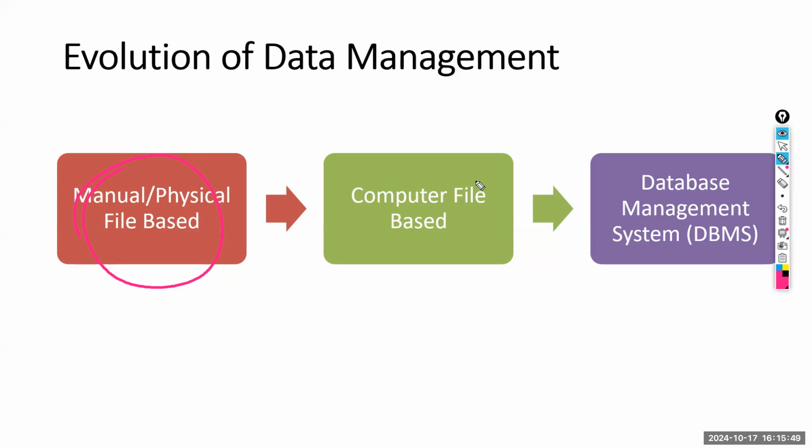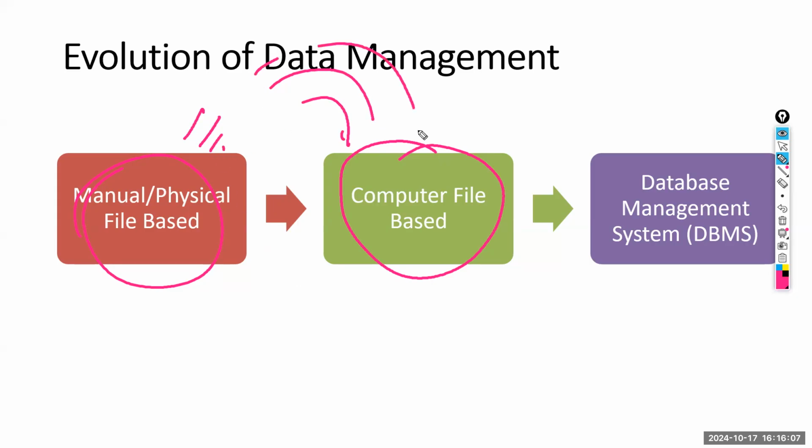So then came the computers from the 1940s, 50s, until around the 1970s. The approach was to use computer files. Of course, the manual systems are still used, but part of the manual systems were transformed into computer-based files, like a text file and so on.